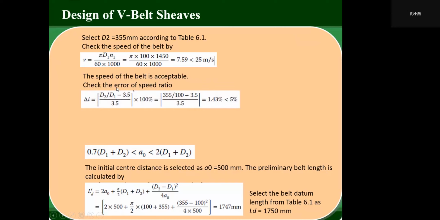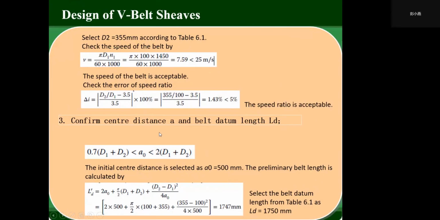And then check the error of speed ratio delta I. The delta I should be less than 5%, and then it's acceptable. So the error of speed ratio is acceptable. So the selection of D1 and D2 is acceptable, and then confirm center distance.